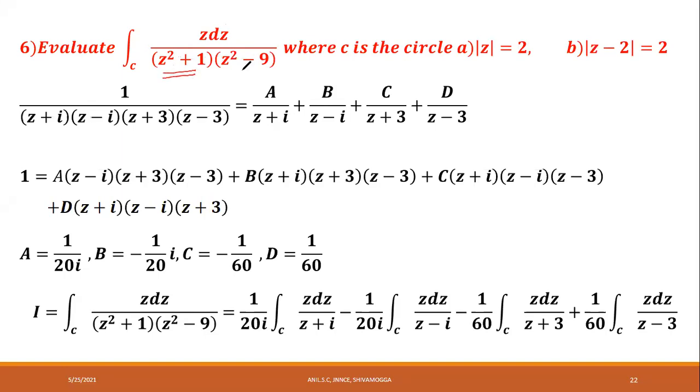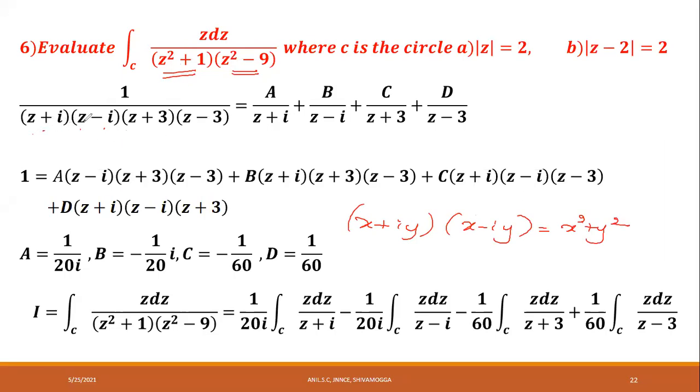Linear factors are required in the denominator. Let's convert these two into linear factors. Consider 1 over z square plus 1 into z square minus 9. 1 over z square plus 1 can be written as z plus I into z minus I. Real part is z and imaginary part is I. x plus iy into x minus iy is always equal to x square plus y square.